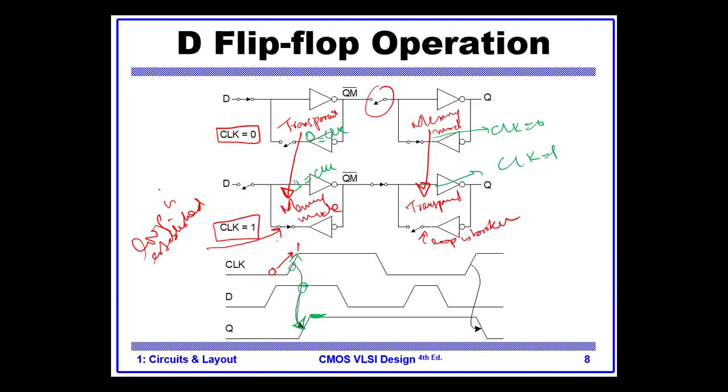Then all the changes from here to here are neglected because there is no positive edge. Then again at the positive edge, the magic happens. It picks up the input, transfers it to the output after some delay, and the state changes.